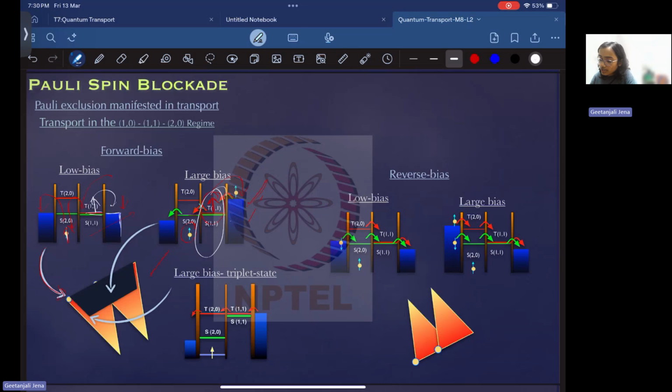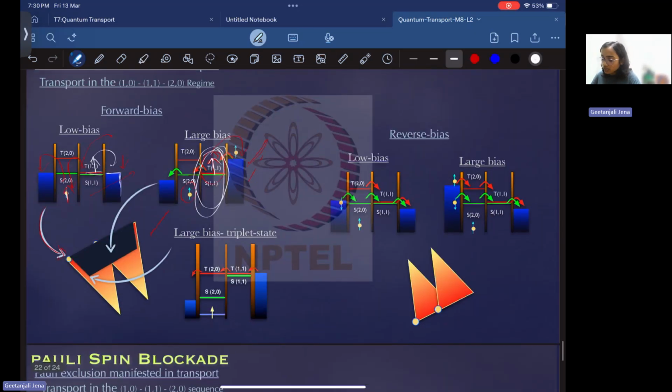So for this condition, there won't be any charge transport for this spin-up state, and the spin is completely trapped inside this first quantum dot region. If you look at the charge stability diagram, this will create a black region where the charge transport is not allowed because of this spin blockade.